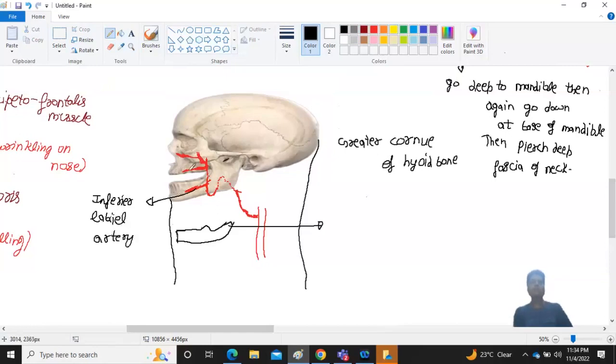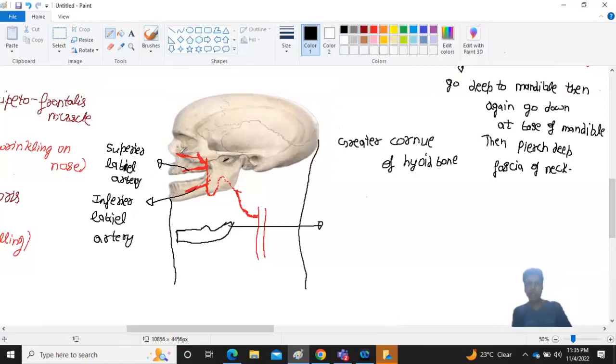This is the superior labial artery. Then this is the whole facial artery.